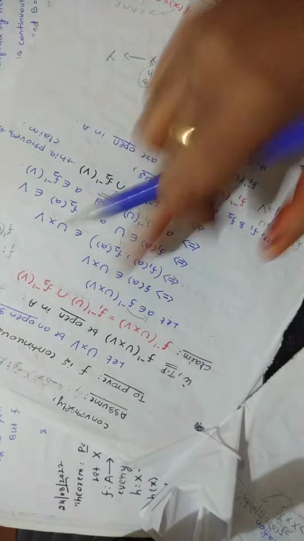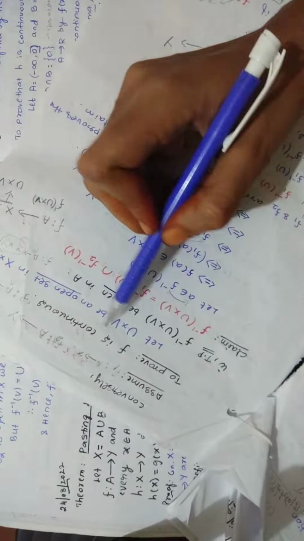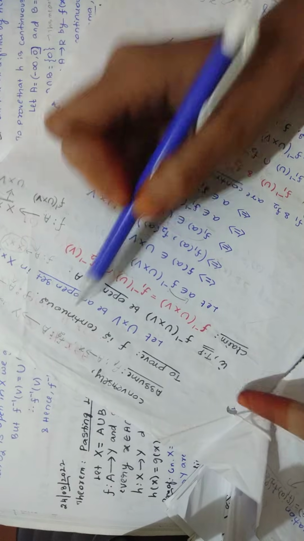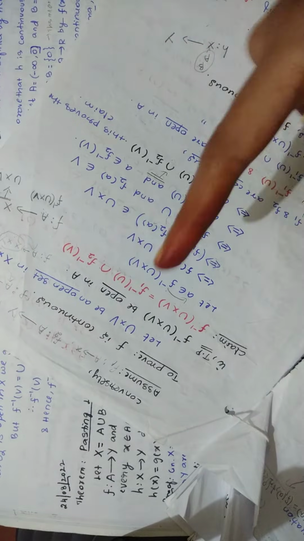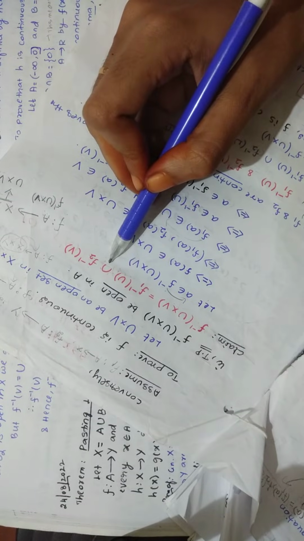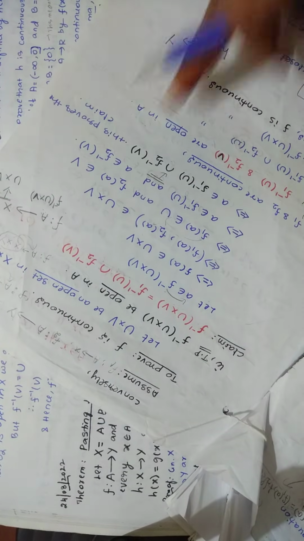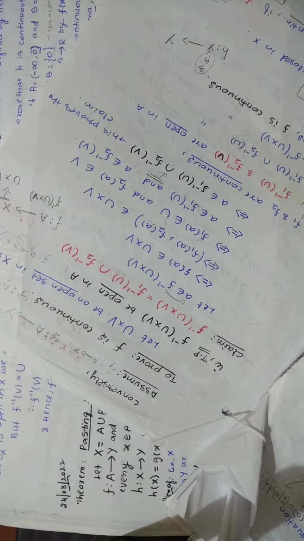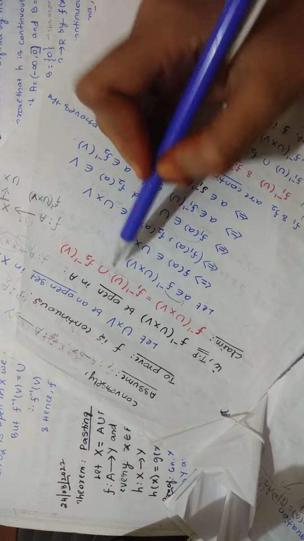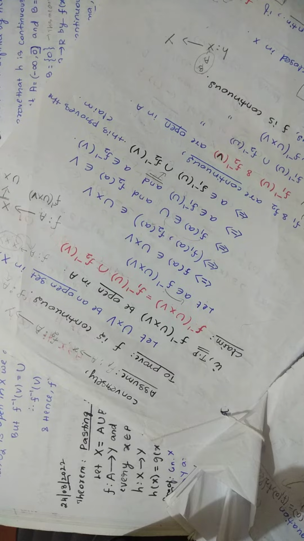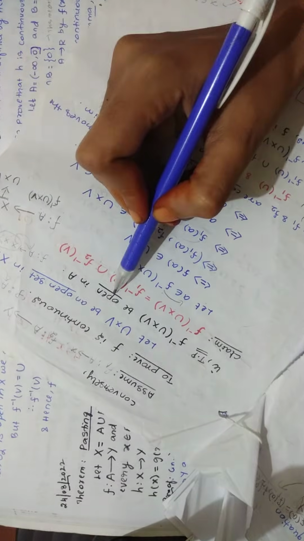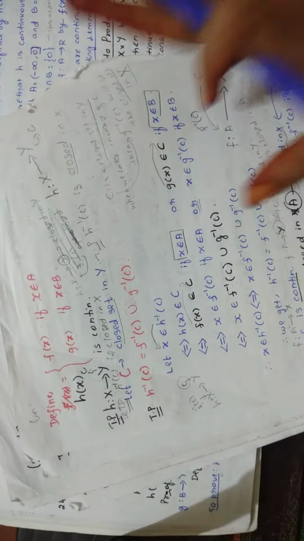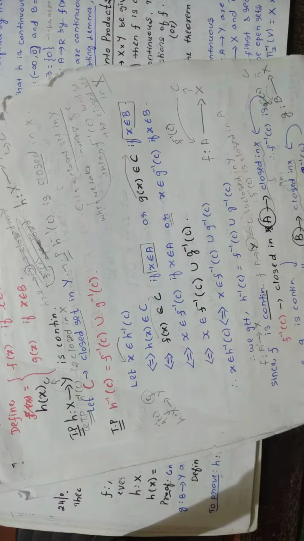In the converse part of this theorem you will prove f is continuous. The same ideology is used, but there you put intersection, and in our pasting lemma you put union. The reason is that there you are taking an open set, and here you are taking a closed set. The concept is the same in both proofs.